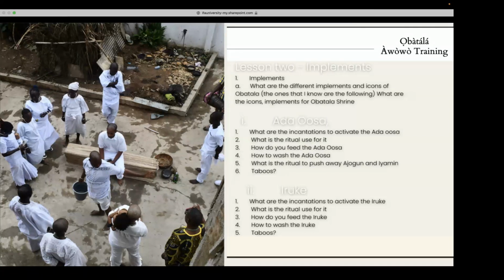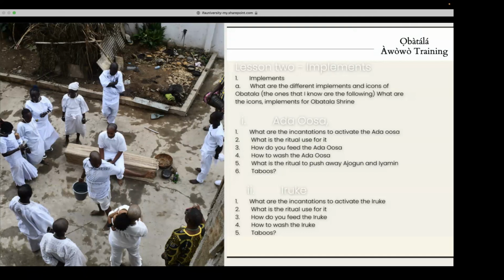But for all these spirits to connect with each other, that is why they do consecration for the area as well. Okay. If you don't have the icon, that does not mean your Ọbàtálá is not there. Your Ọbàtálá is there.